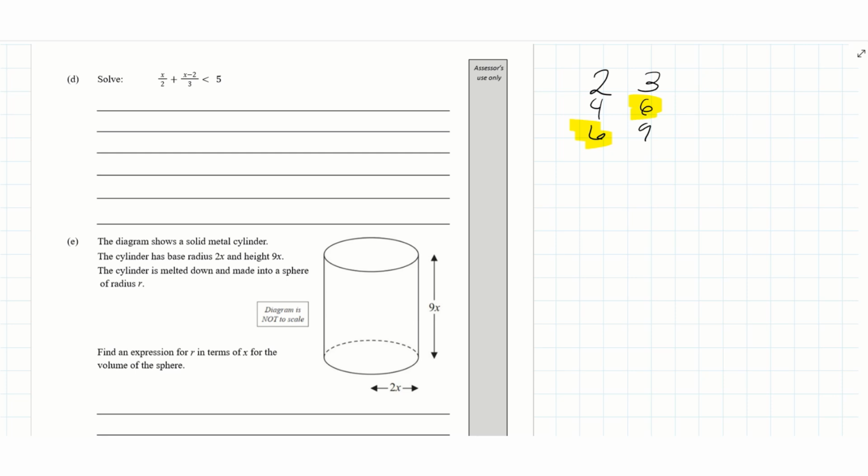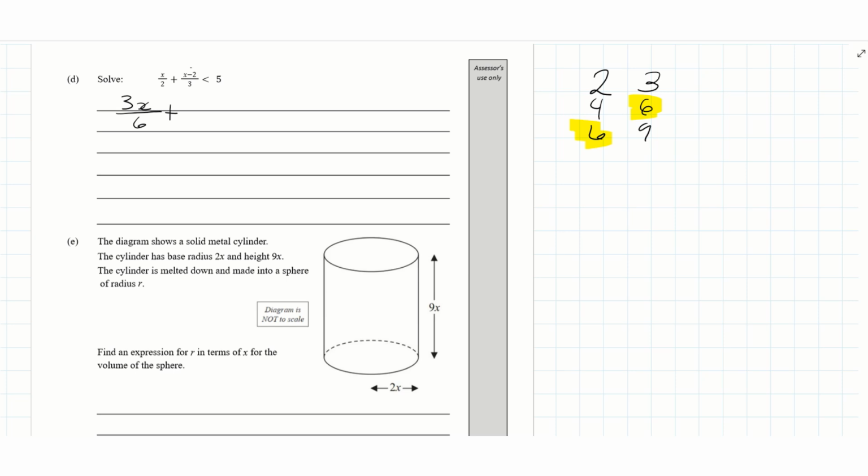What I'm going to do to make that happen is this fraction is going to be multiplied by 3, both the top and the bottom. This fraction, both the top and the bottom, are going to be multiplied by 2. So I've got 3x on top and the bottom 3 times 2, which is the same as 6. This and this are exactly the same. They are equivalent fractions. Let's do the next one.